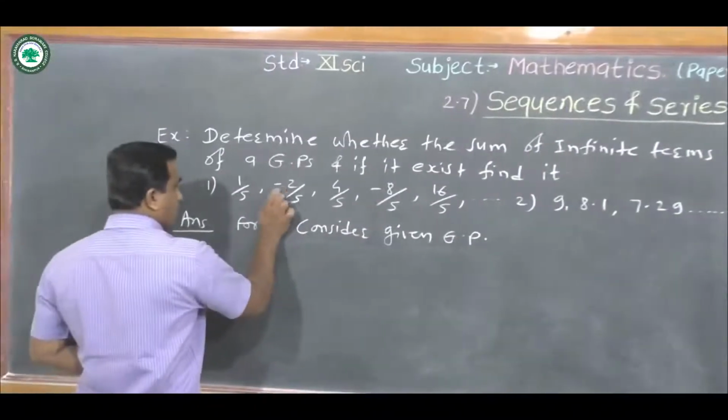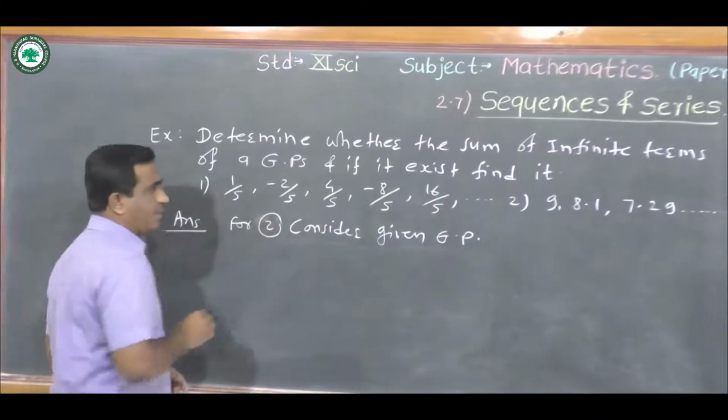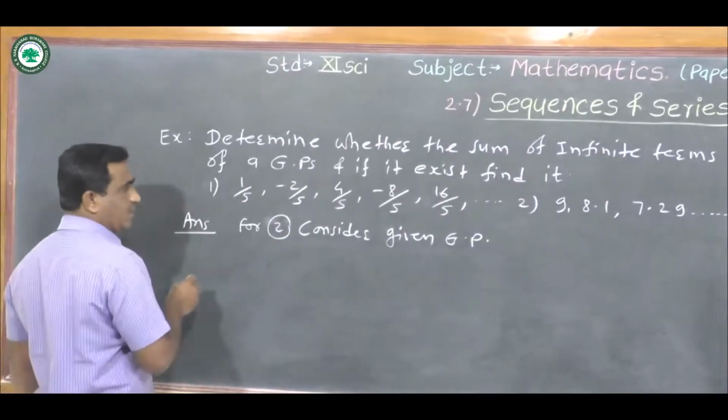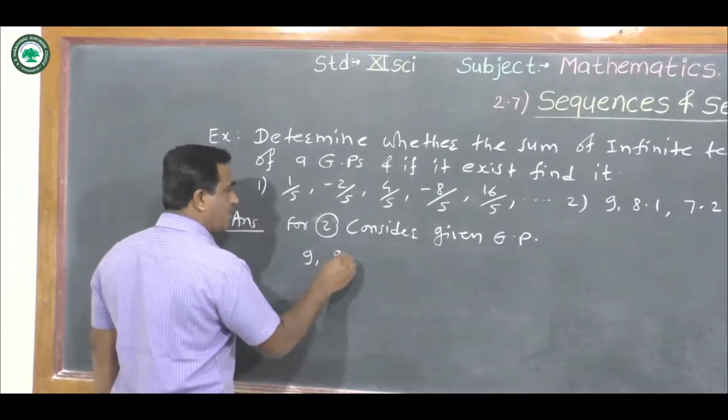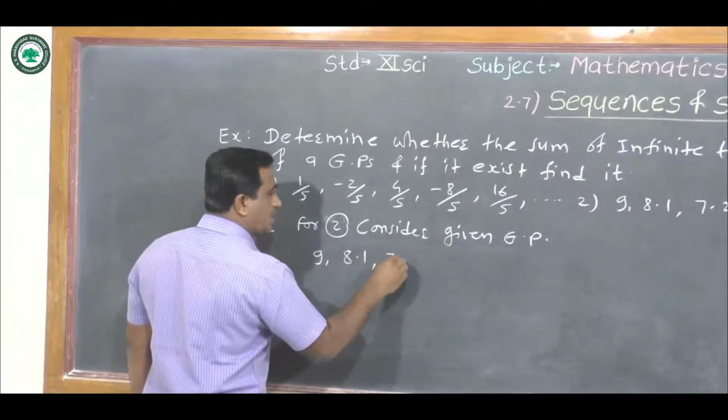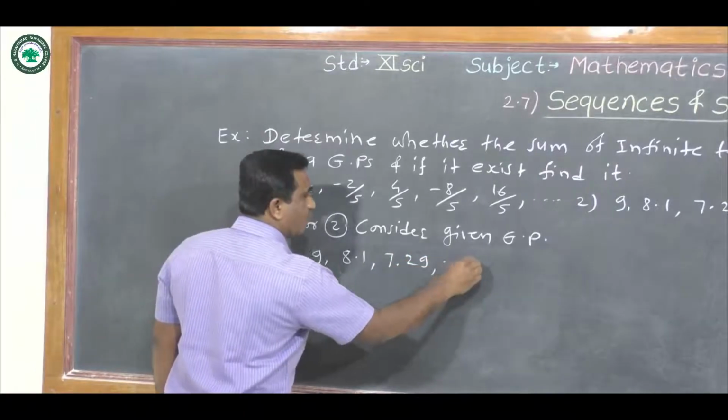Answer for the second geometric sequence. Consider the given geometric progression, that is 9, 8.1, 7.29, and so on.